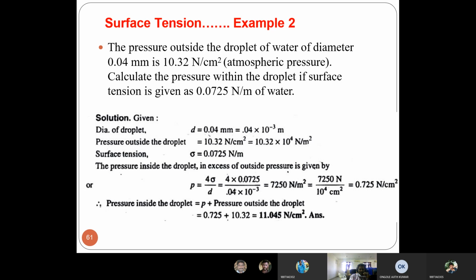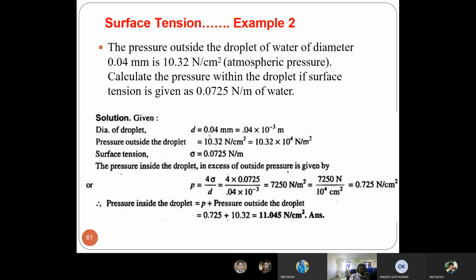P is equal to 4 into sigma by d. If we calculate it, we will get 7250 Newton per meter square. If we want to express it in centimeters, we will divide it by 10 to the power of 4, so we will get 0.725 Newton per centimeter square.